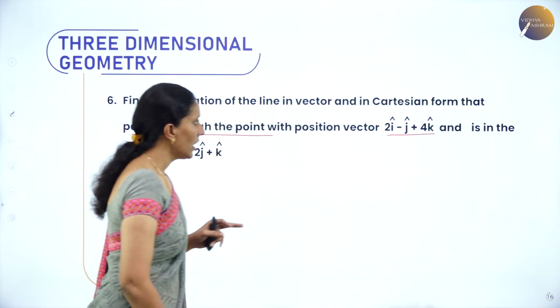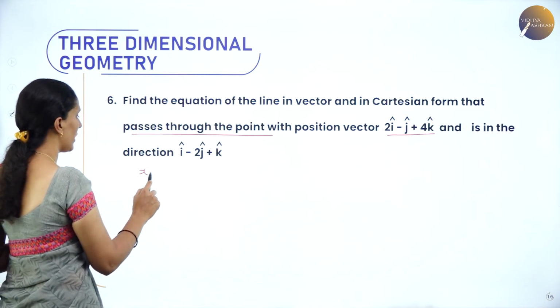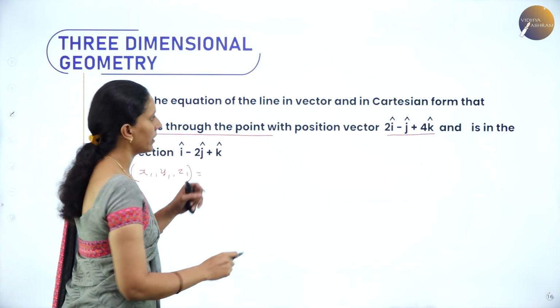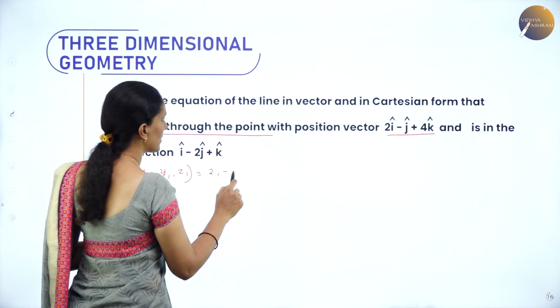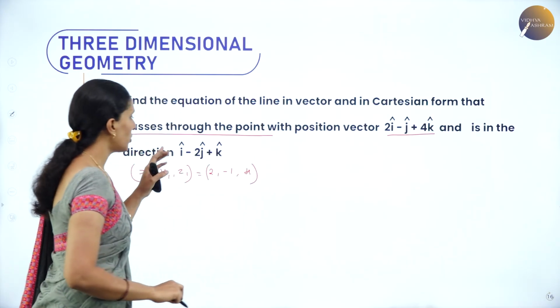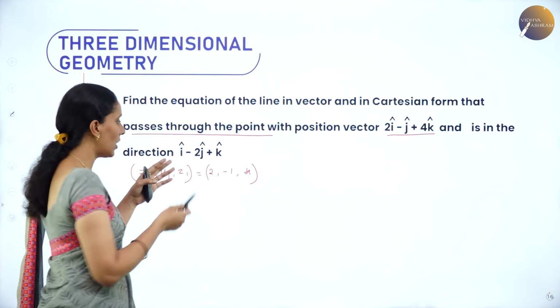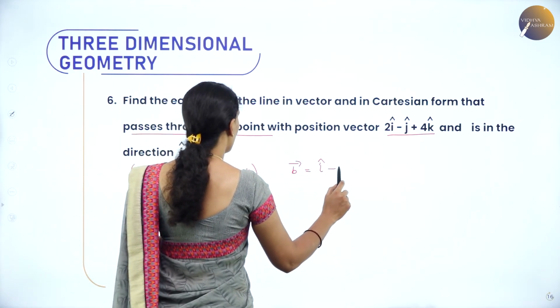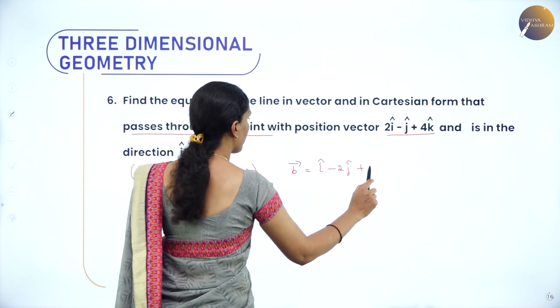Therefore x1, y1, z1 is nothing but 2, minus 1, 4. Now it is in the direction of the given vector, which means it is parallel to the vector. So here vector b is given, that is i minus 2j plus k.